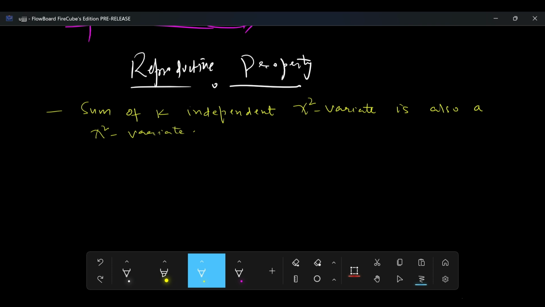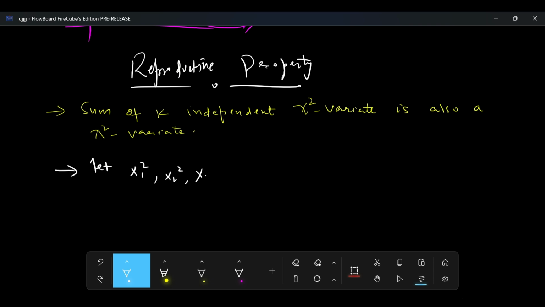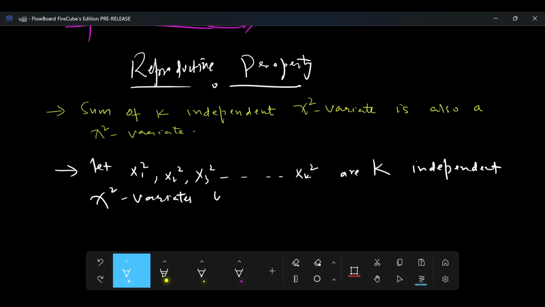Now what does it mean actually? Let x1 square, x2 square, x3 square up to xk square be k independent chi-square variates with n1, n2 up to nk degrees of freedom respectively.